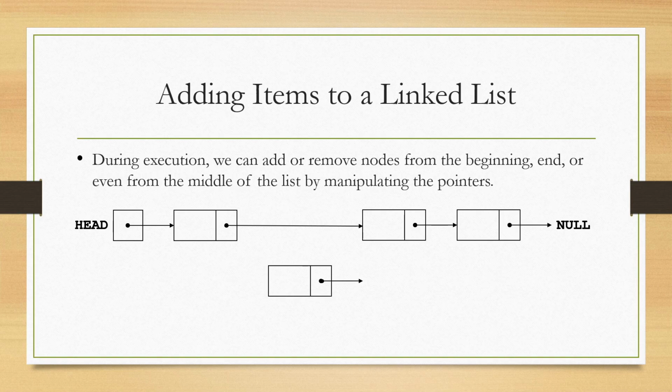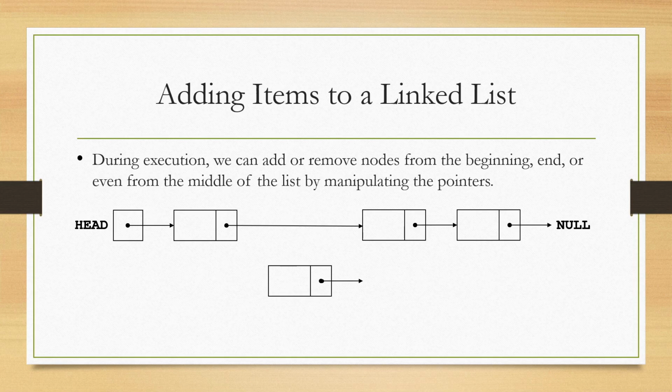Now, when it comes to adding to a linked list, the execution depends on where you're at, like beginning, end, or middle. In this case, we have this example that does it in the middle. What would you guys do in this case? Would you just assign the new pointer to null?